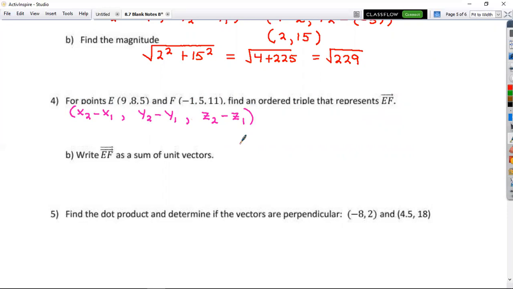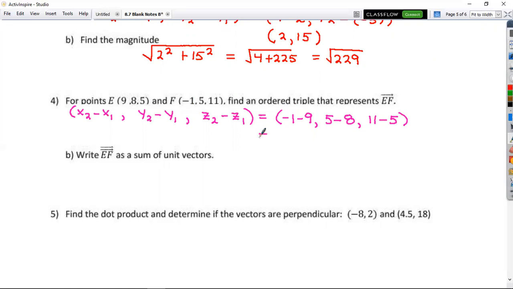Okay. And then you're going to sub them all in. So this is equivalent to x2 is -1 minus 9. And then next I have y2, so this is going to be 5 minus 8. And then next you have 11 minus 5. Okay. So this notation is what's referred to as an ordered triple.